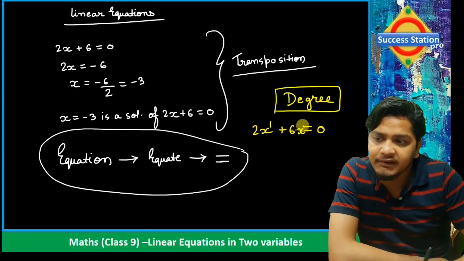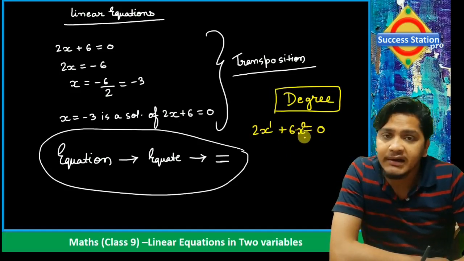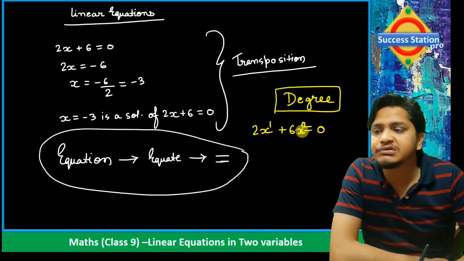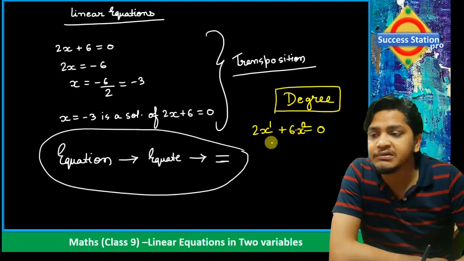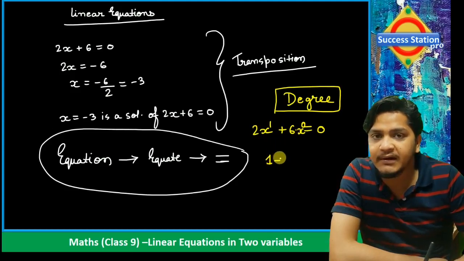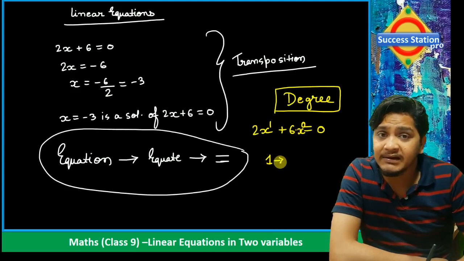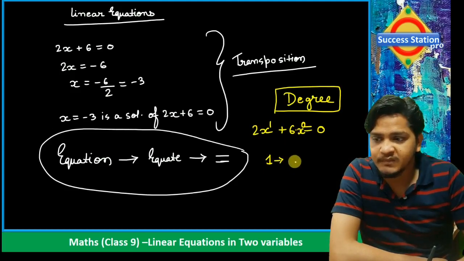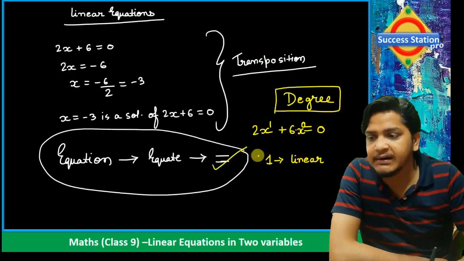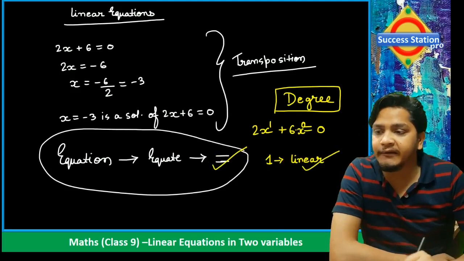Yes, variable x, and the highest power of the variable is 1. 1 is x power 0, right? So we have read in polynomials, if the variable has highest power 1, it is called linear. That's why it is called a linear equation.